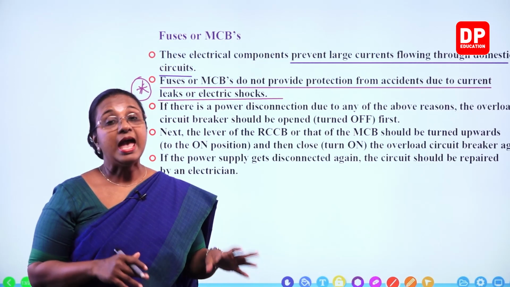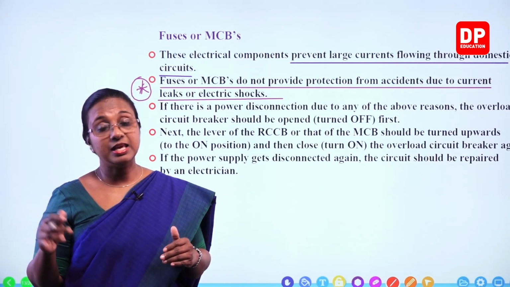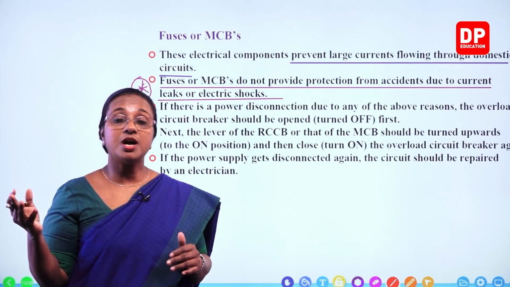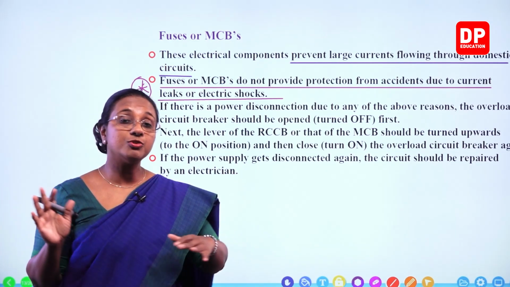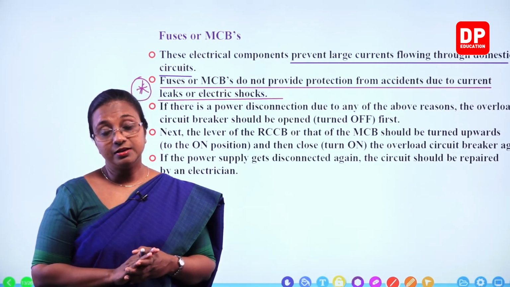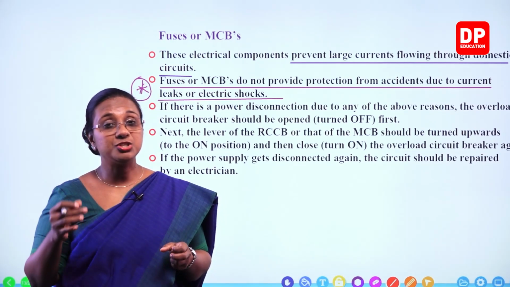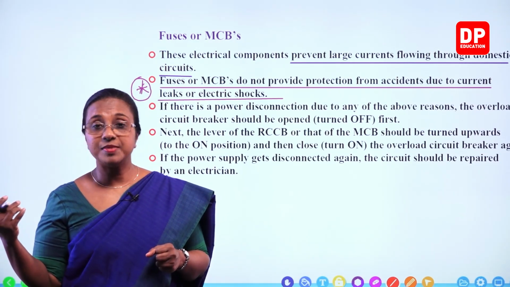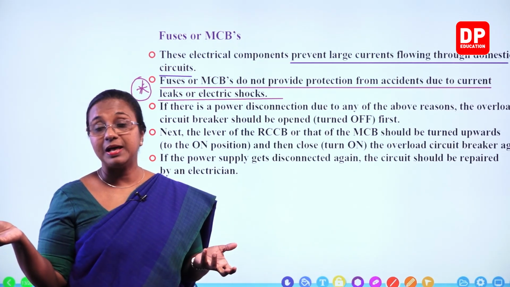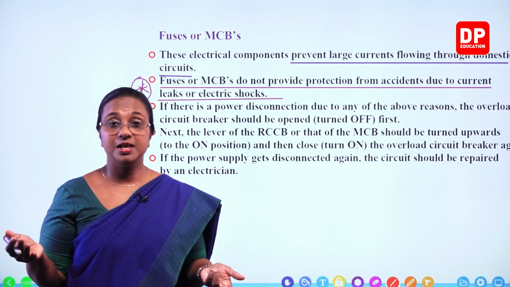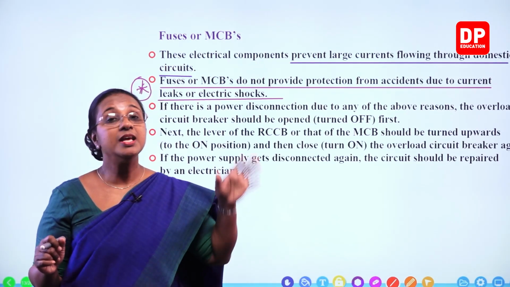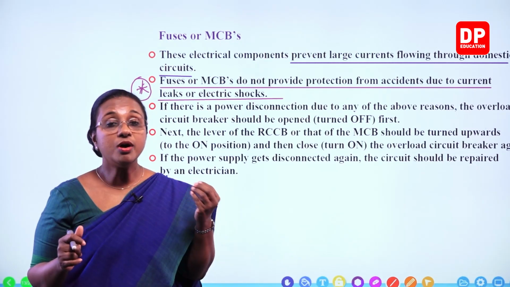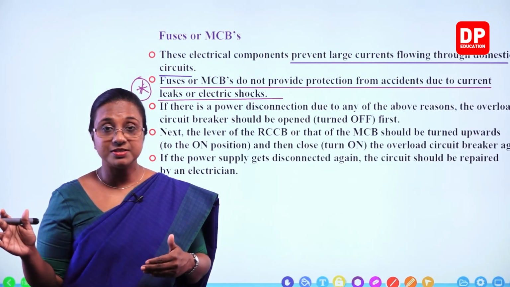And if that happens again, if the trip switch or the MCB cuts off the power again, then of course you shouldn't switch it on again, or you should make sure that you remove the device from the connection if it is an electric appliance. Let's say, for example, when you are using an electric iron at a certain plug point, the trip switch falls or the MCB disconnects the power supply.